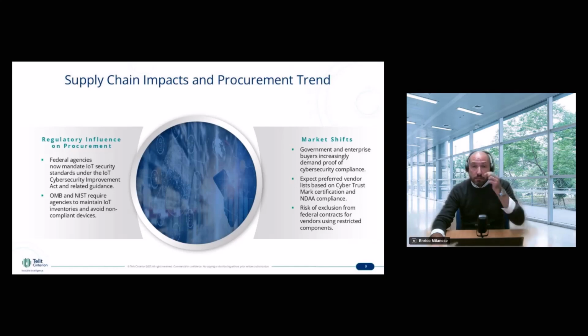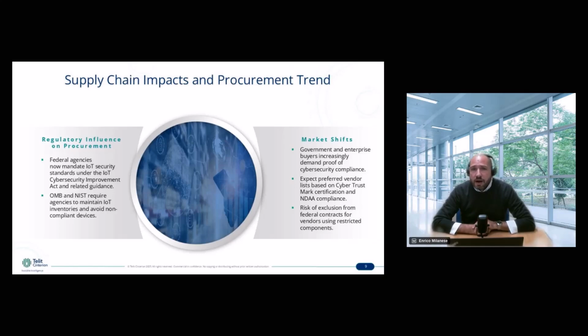By proactively certifying devices and maintaining transparency regarding the security posture through documentation, vendors can position themselves as a trusted supplier, not just for the government or government agencies, but also for enterprises.